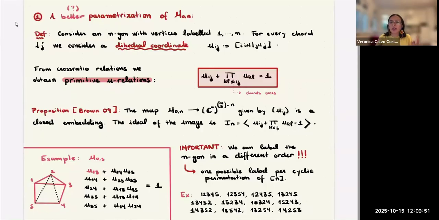This would technically give me a different, but equivalent, parametrization of M_0,n. For example, for n equals 5, we actually have 12 possible orderings. In general, the number of such orderings is (n minus 1) factorial over 2, and that gives us 12 for n equals 5. This will be important later on when I talk about sign patterns, so I wanted to just note it.